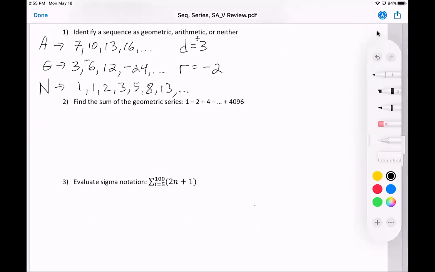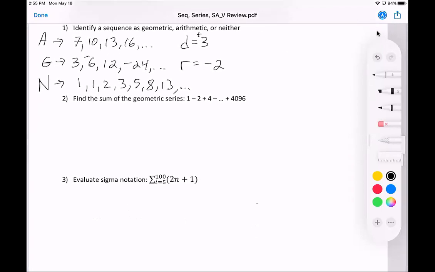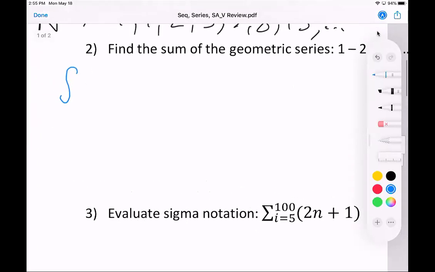We'd also like you to know how to find the sum of a geometric series. In your notes for the final exam, you would probably want to have this formula. Here's one of the formulas for a sum of n terms of a geometric series. You have your first term, a sub 1, minus your last term times your rate, all divided by 1 minus your rate.